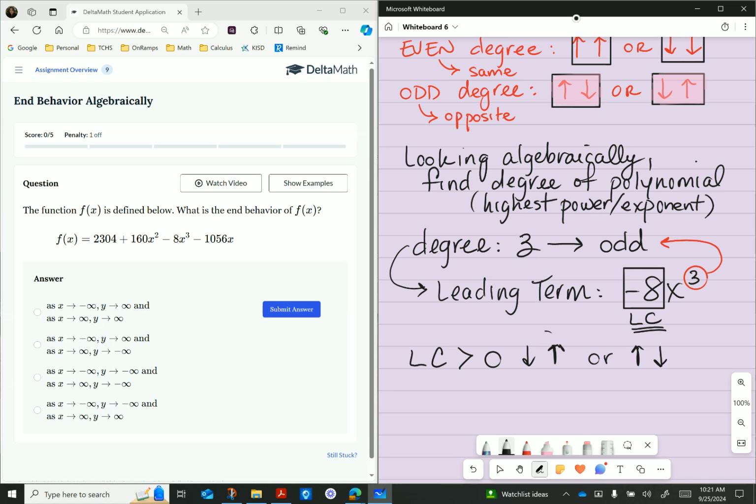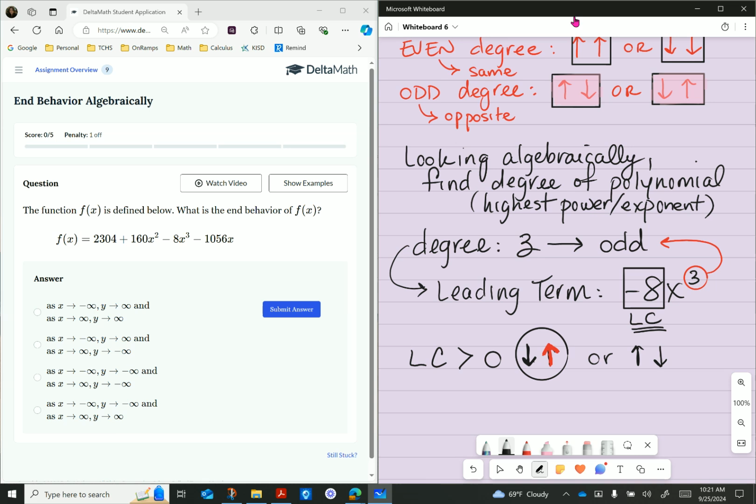Positive means that this is going to be the option. Why? You will always look at the right-hand arrow. Notice my right-hand arrow is pointing upwards. I'm going to put it in red to make the point. You're looking only at the red arrow. If the red arrow is pointing up, that means my left-hand arrow has to go down because it's opposite.